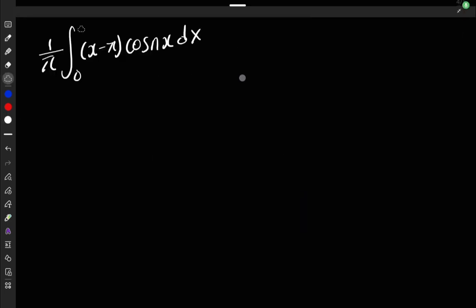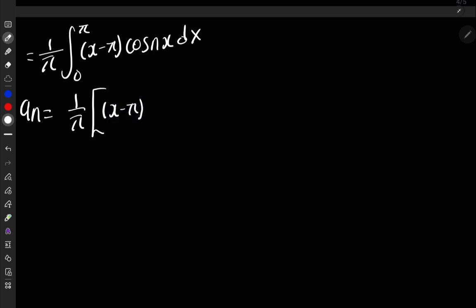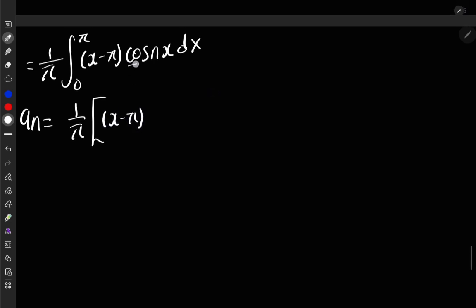And now here is the second part. This one is from 0 to pi. So an is equal to 1 over pi into, I'm just going to do this one, x minus pi, and this is going to be sine nx over n minus the integration of sine nx over n dx.